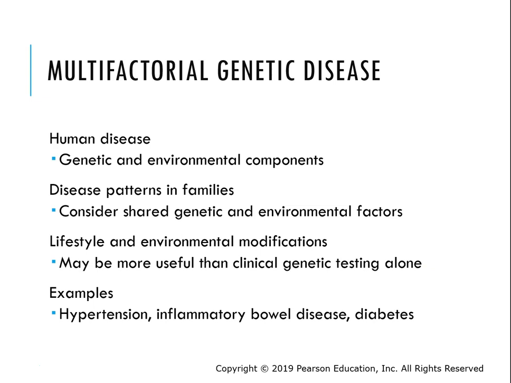It is not like Down syndrome, where trisomy of chromosome 21 caused Down syndrome. These are diseases which are listed here, things like hypertension, inflammatory bowel disease, diabetes, even cancers, where there is no one gene that's going to cause this, okay? So it's more important to live a healthy lifestyle and alter those environmental factors that could come into play, because there's nothing you can really do genetically, okay?